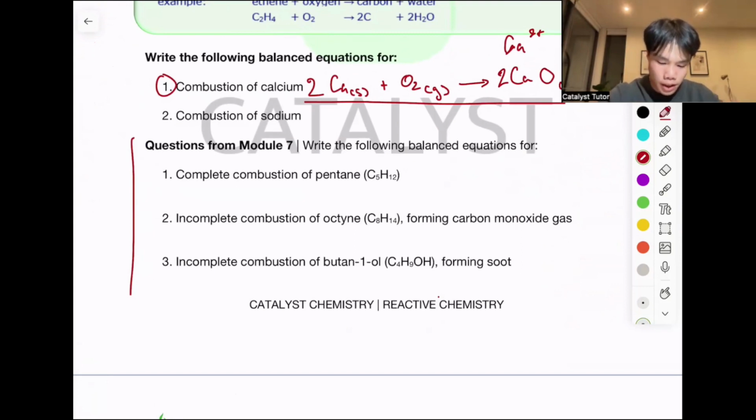Can we write the complete combustion of pentane, number 1? And can we write the incomplete combustion of butanol forming soot? Just do it on the paper, it'll probably take a little bit longer otherwise.